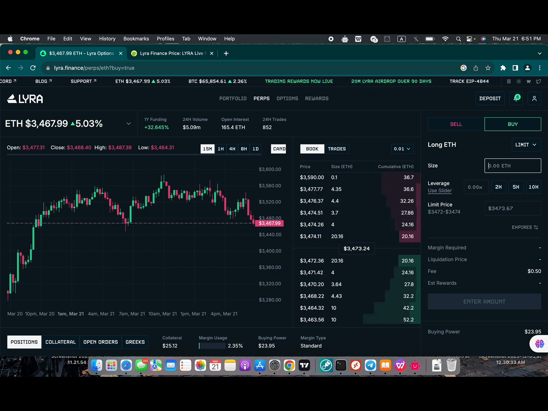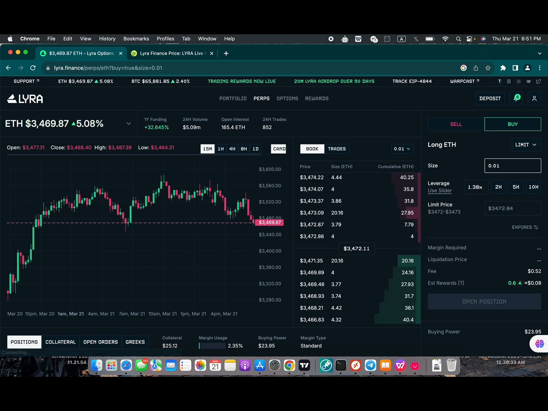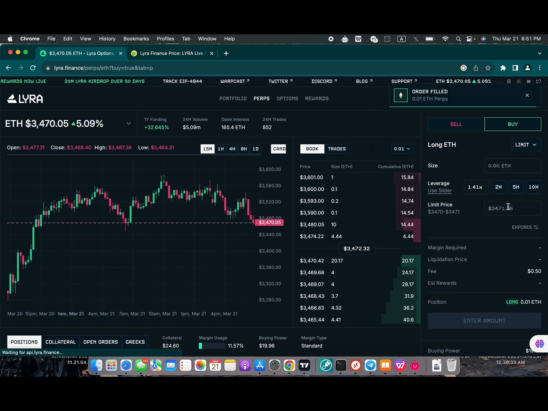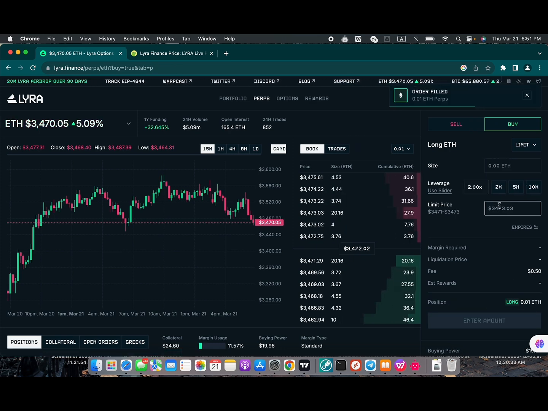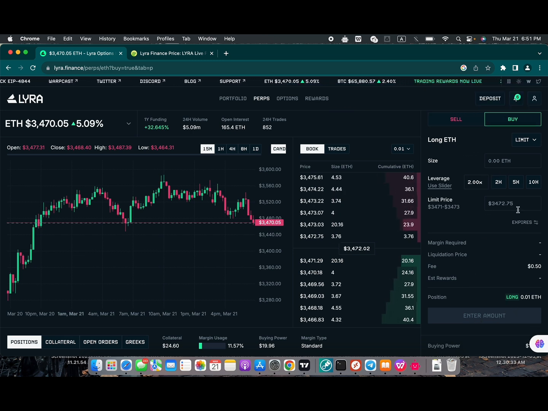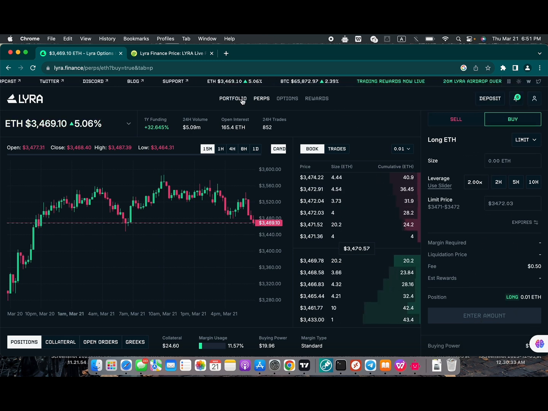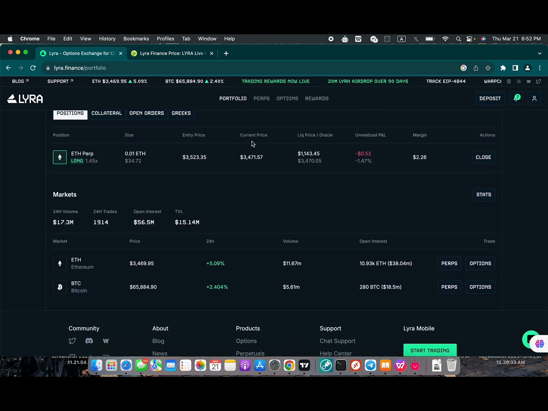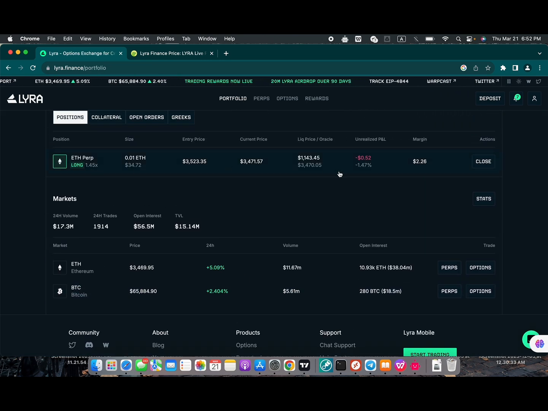Because our portfolio is quite small, we open the position. You can leverage this 2x if you want, but we've already opened the position, right? You can see in the portfolio that we've opened a long with 1.45x.